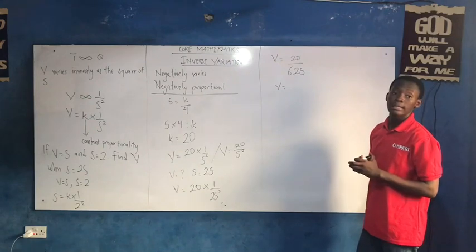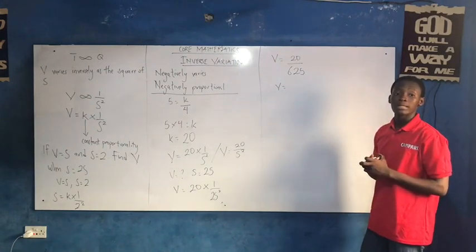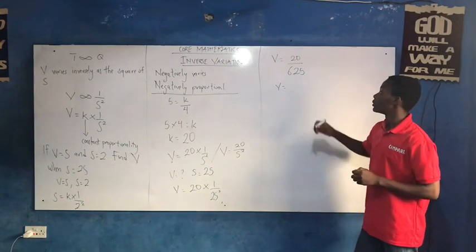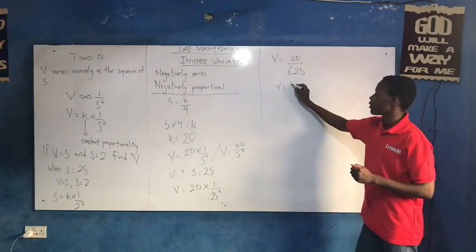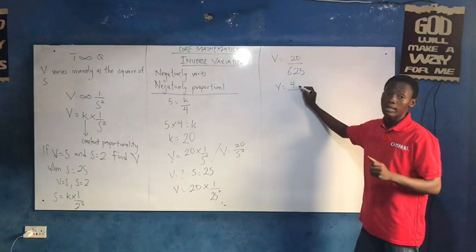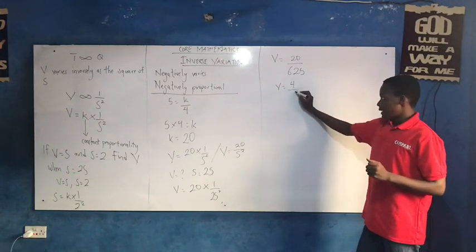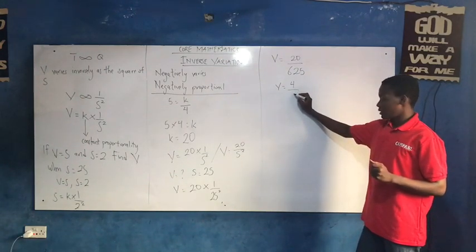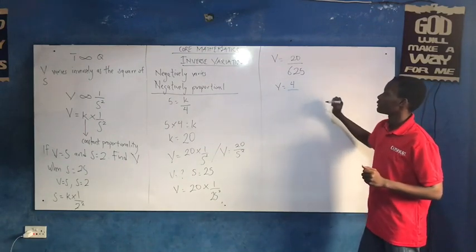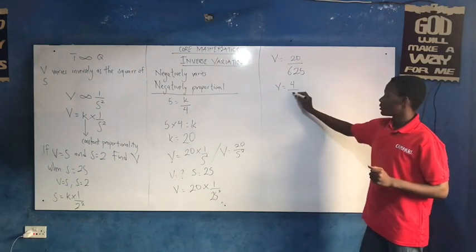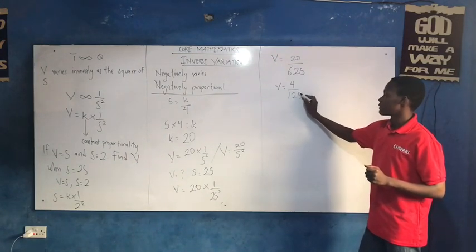So when we divide, what are we getting? Let me divide first. 5 goes into 20, 4 times, and 5 goes into 625, 125 times.